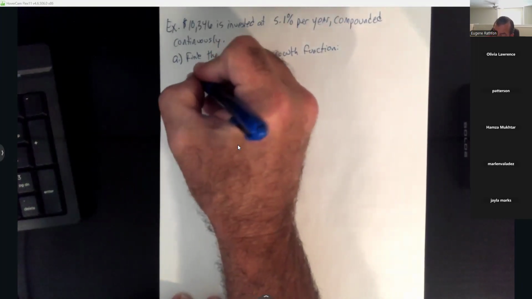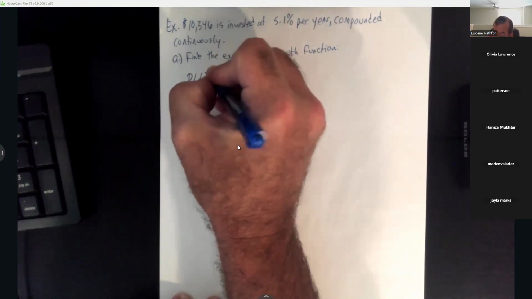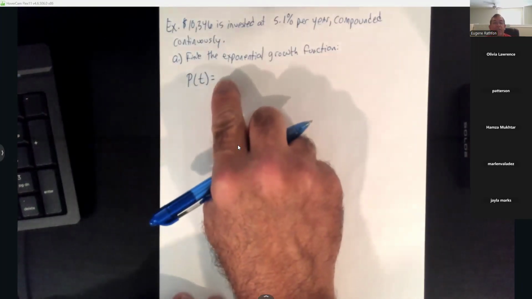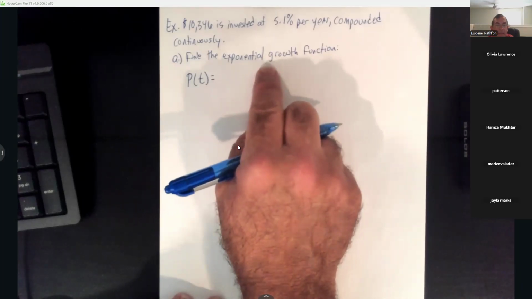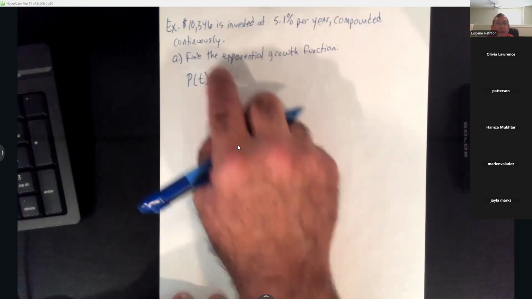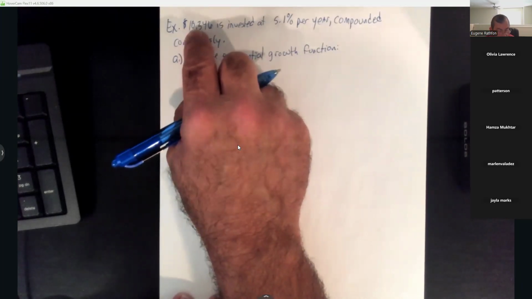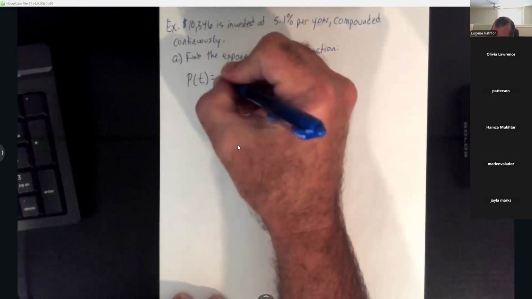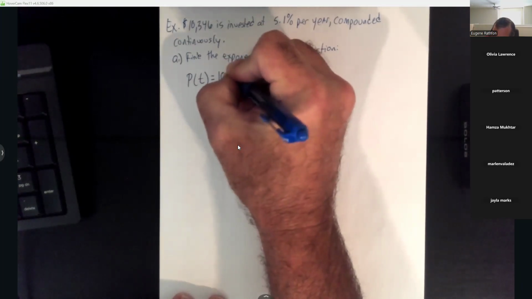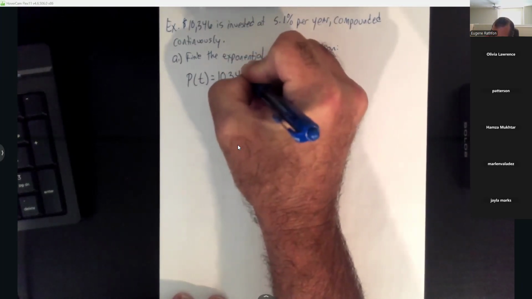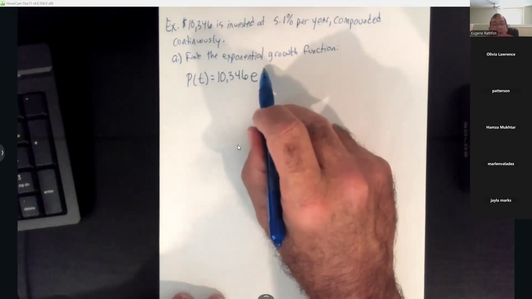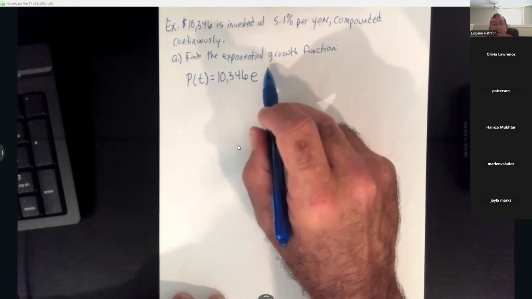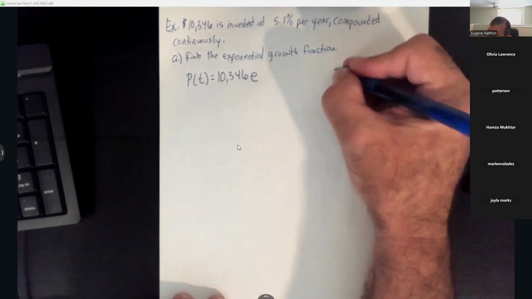Remember, they're going to give us the P of T. We got to fill out our P initial and then our K and our T. Our initial amount is the 10,346. Then we got e. We got to figure out K because we know T will be our variable.